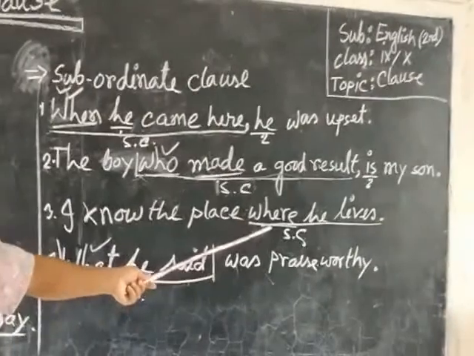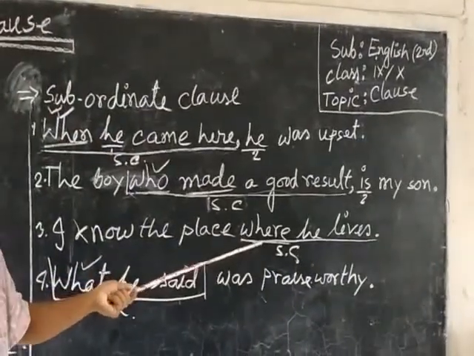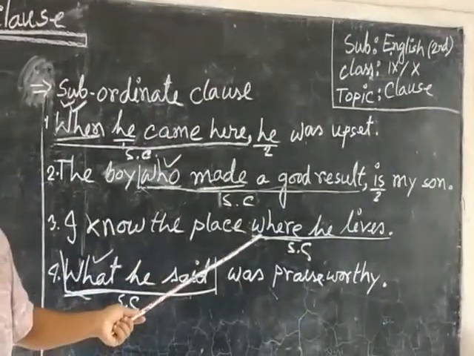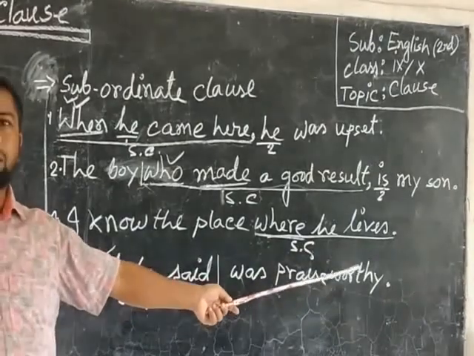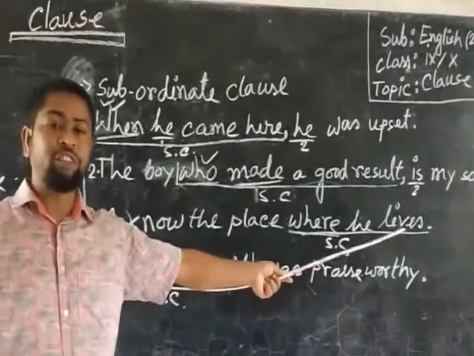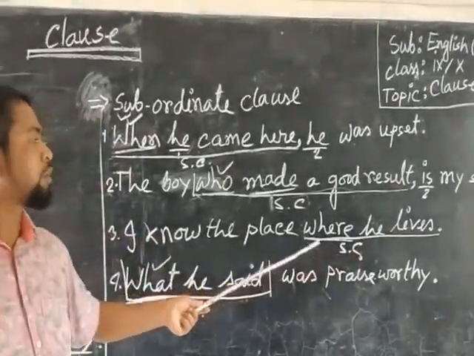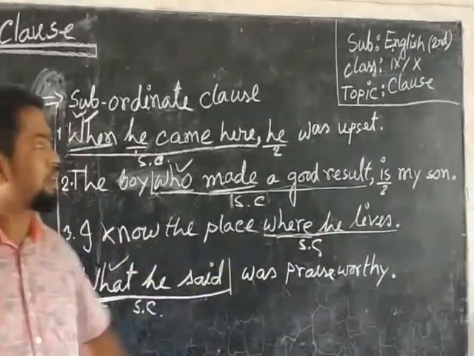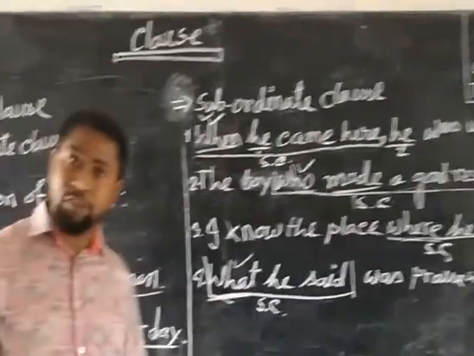If we do not have two subjects or two finite verbs, from the conjunction till the last part of the sentence is the subordinate clause.